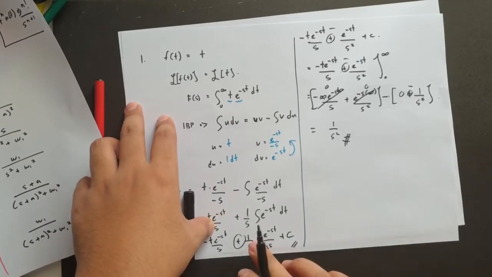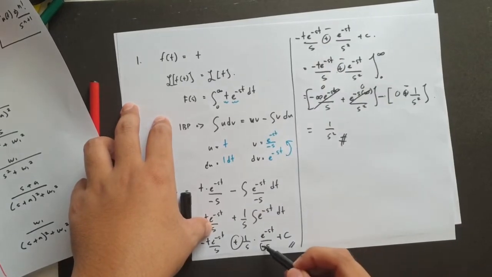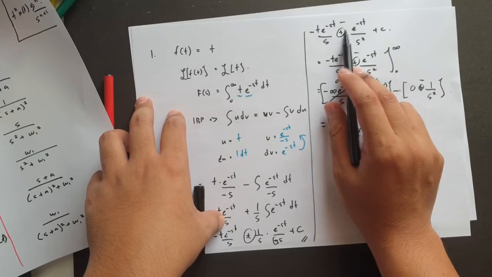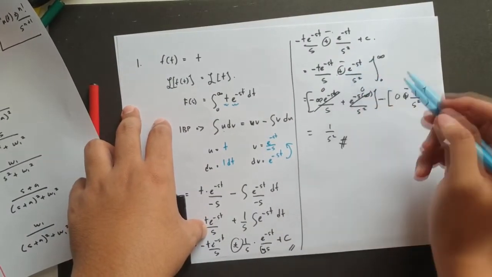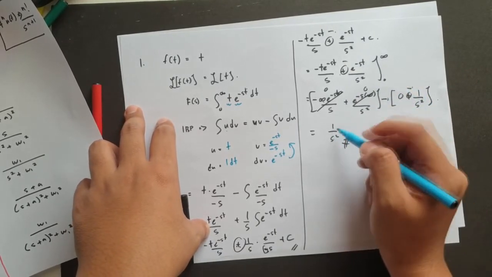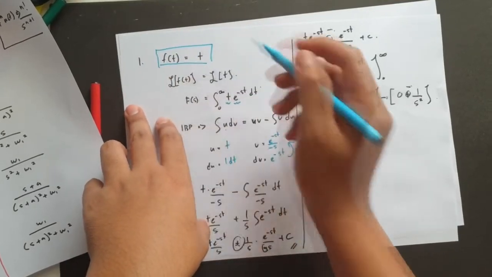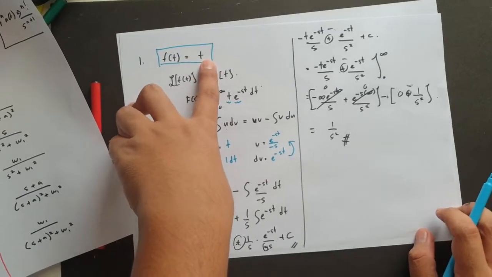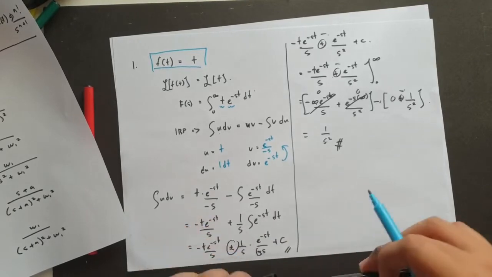Don't make a mistake like me. The negative times the positive is negative, so we change this to negative, and negative and negative is positive. So the final answer is 1 over s squared, the transform from the time domain to the frequency domain of the function f(t) equal to t. But it's okay.